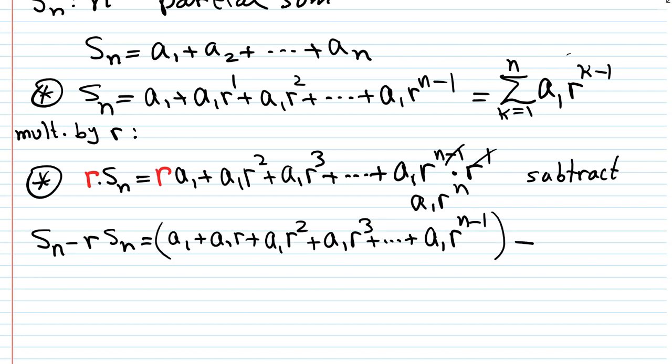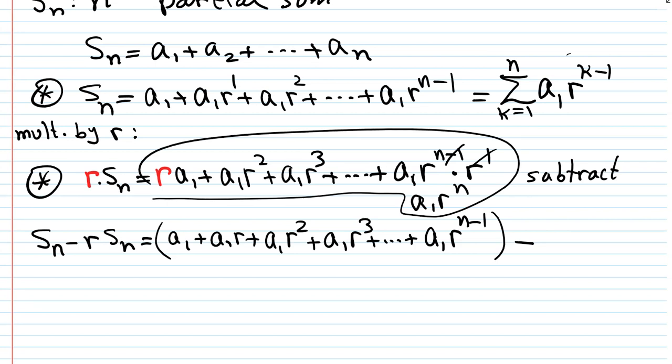And from this, we're subtracting all of these: minus r a sub 1 plus a1 r squared plus a1 r cubed. You see how that goes, all the way up to plus a1 r to the n.